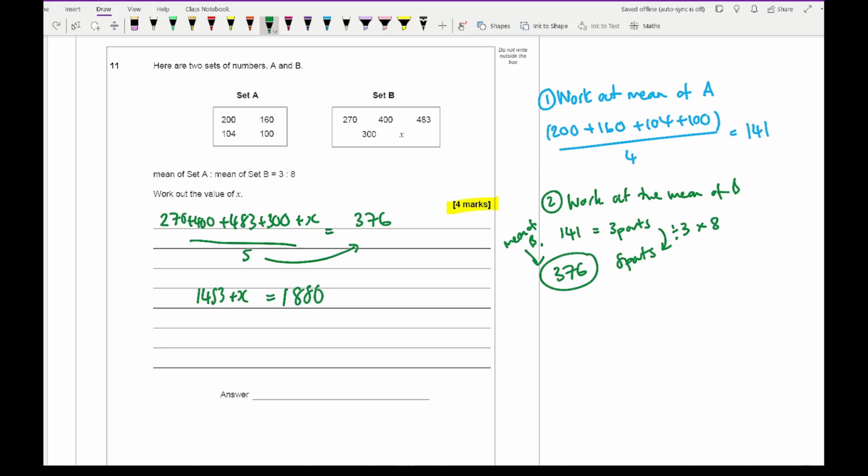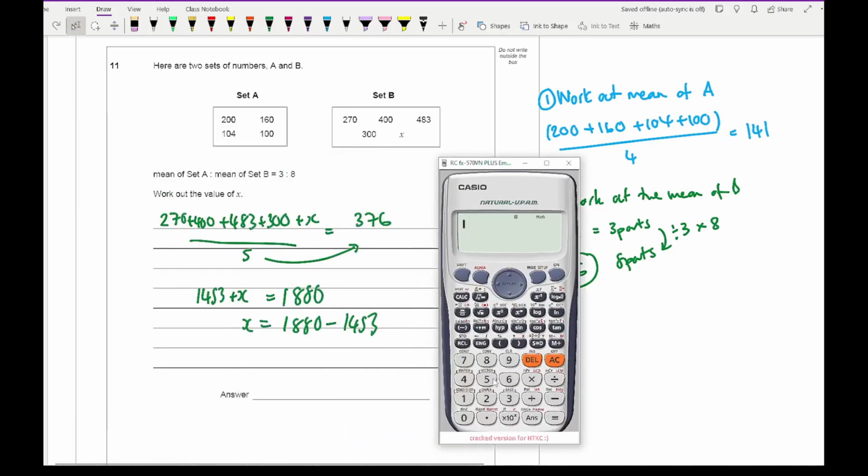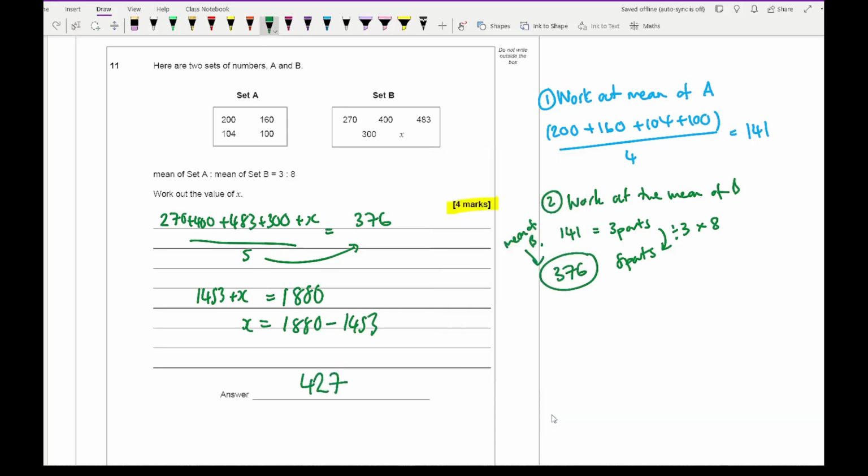So now all I need to do is x equals 1880 minus 1453, and type it into the calculator. 1880 subtracted by 1453, that gives me an x value of 427.